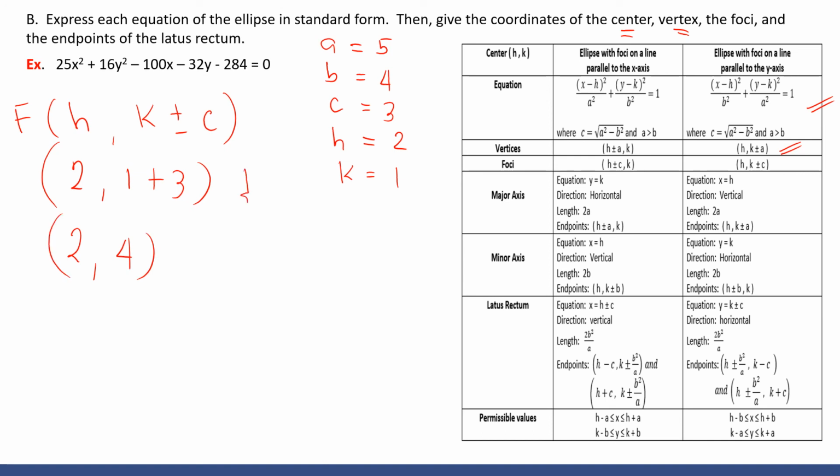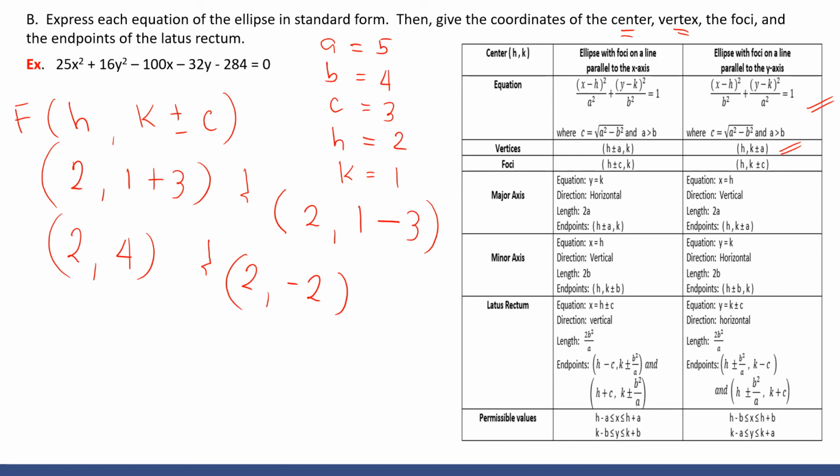And then the other is H, that is 2. Then K, 1, minus C, 3. So we have 2, negative 2. The coordinates of the foci then are 2, 4, and 2, negative 2.